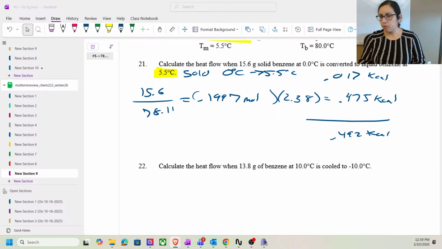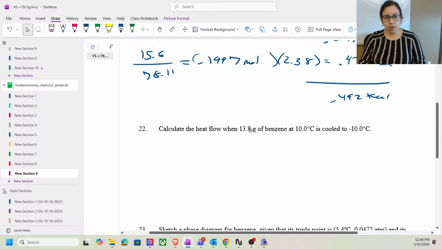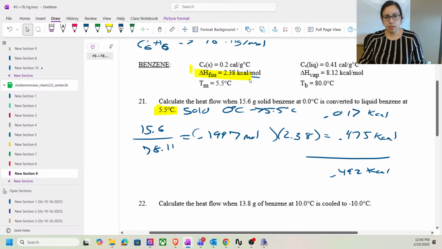I don't know how people are feeling, or if you'd rather do another heat flow one or try to do both. All right, let's do 22 then. So calculate our heat flow. Now we're going from 0 degrees Celsius and cooling it to negative 10 degrees Celsius. So keeping in mind your melting point.